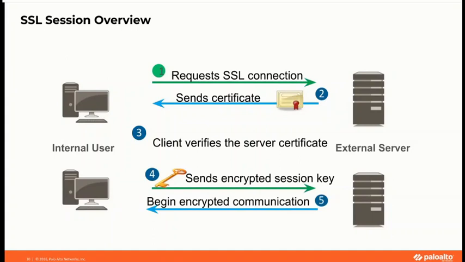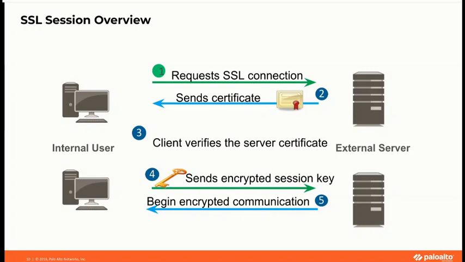SSL represents a protocol for encrypting an HTTP connection between the client and the server, where no pre-existing secure channel is present. SSL takes advantage of the strength of the symmetric and asymmetric encryption schemes.